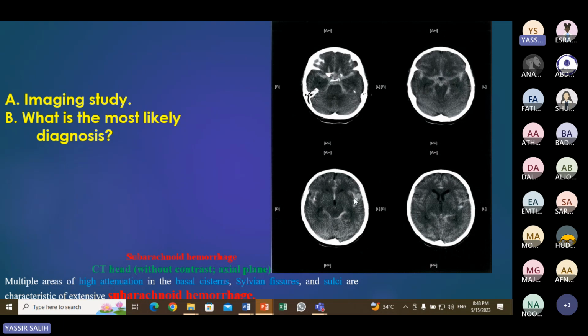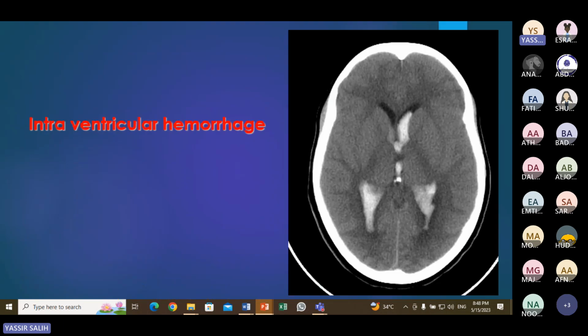This is blood, the appearance of high density in the basal cistern, the sulci, or the Sylvian fissure. This is a subarachnoid hemorrhage.